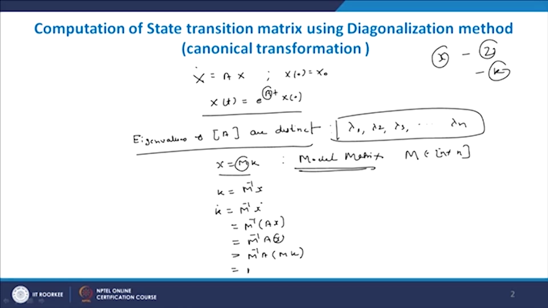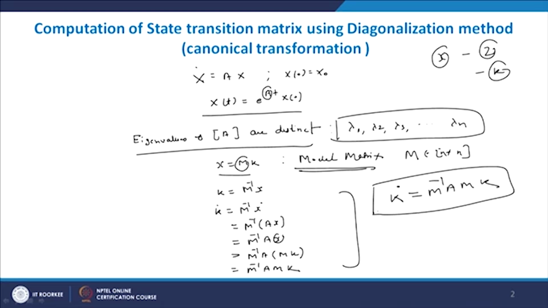So k dot equals M inverse A M into k, and this equation is in diagonal form, that is, k dot equals A bar into k.